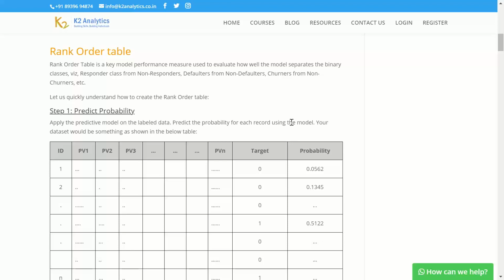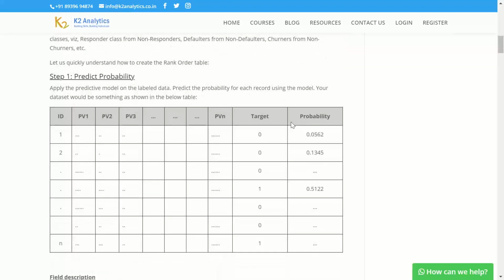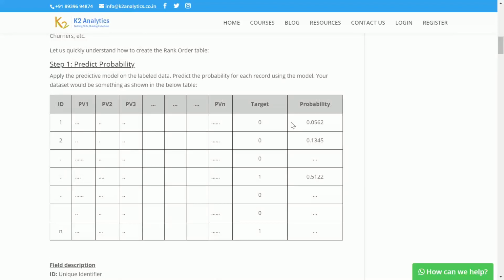Let's understand how we get data. The way we have data typically is, for model development, you will have a unique identifier. You will have a set of independent variables, which we also call predictor variables. You will have an output column, which we often refer to as the dependent or the target column.